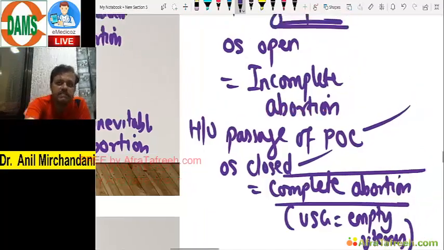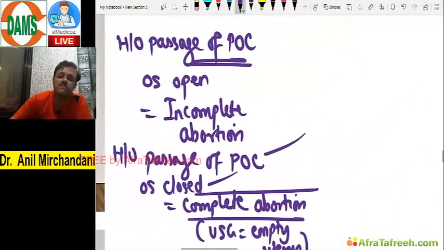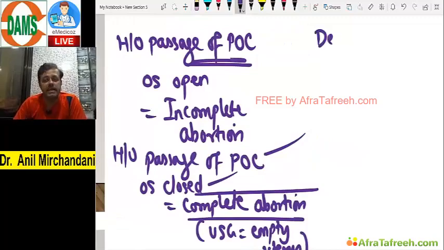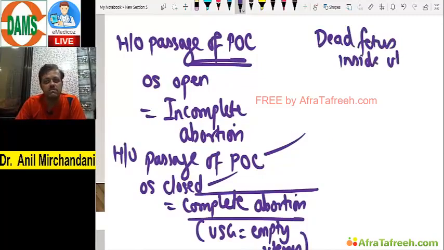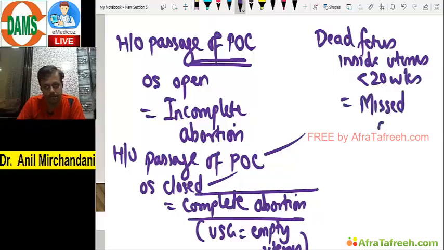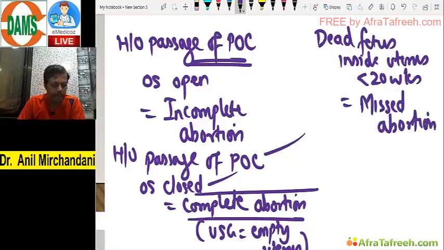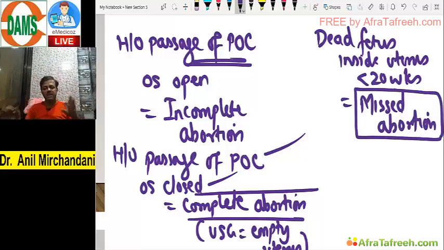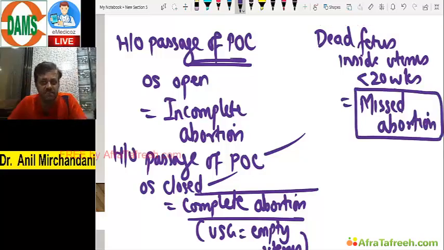Then there is a patient who has dead fetus inside uterus before 20 weeks. It is called missed abortion. So there is gravida 2, para 1, living 1, 16 weeks of gestation, and uterus is just 10 weeks.